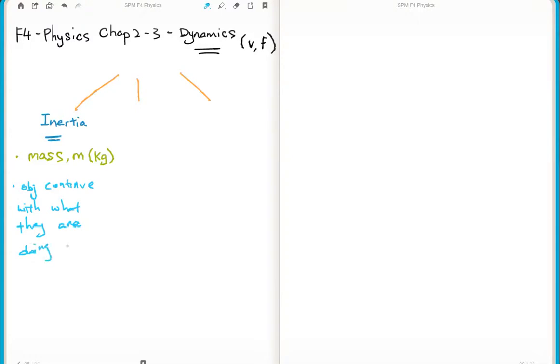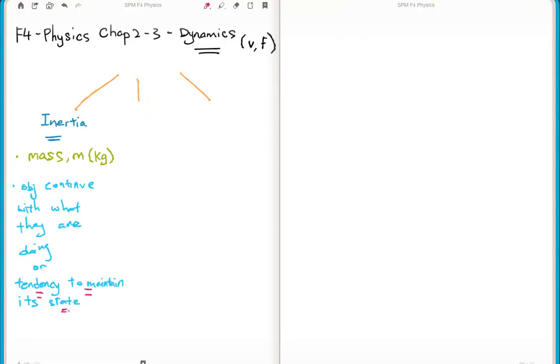A more exam-based scientific answer would be: this is a phenomenon where the object has a tendency to maintain its state, meaning is it movement, or is it not movement, stationary. So the keyword here is a tendency to maintain the state.